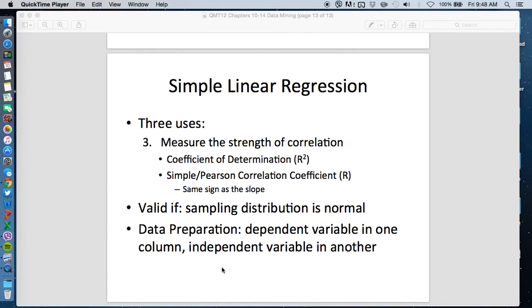And to prepare the data, it's relatively simple. You just have to copy one dependent variable in one column and then another independent variable in another column. So for this case, you don't really need to do a lot of sorting. You just have to copy x and y to another worksheet.